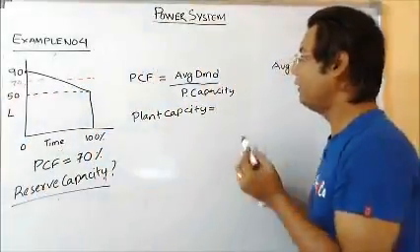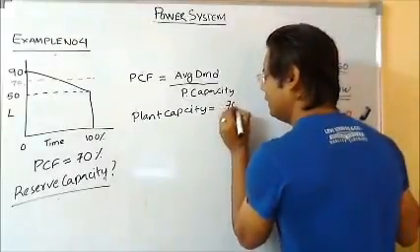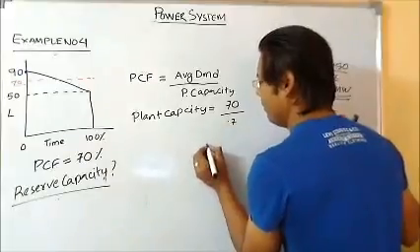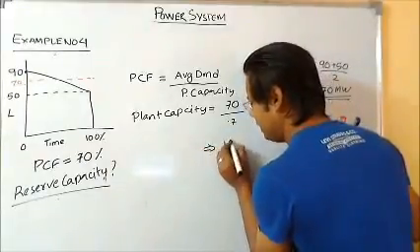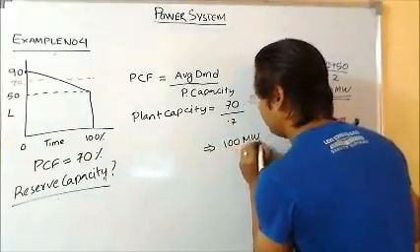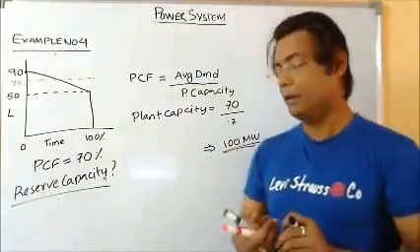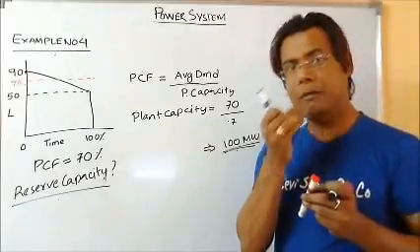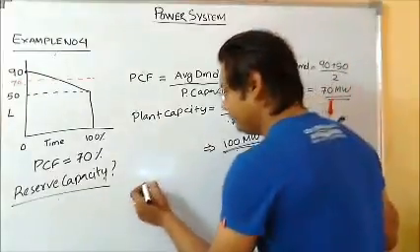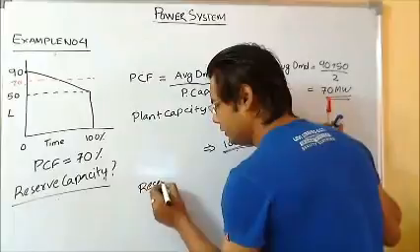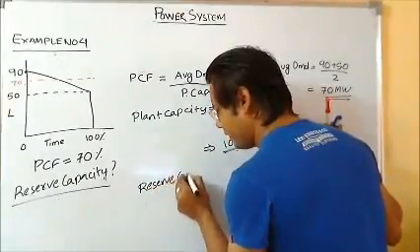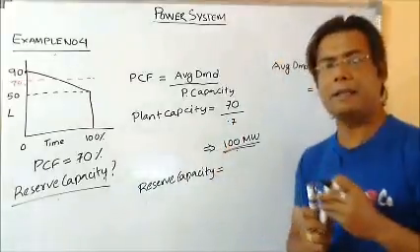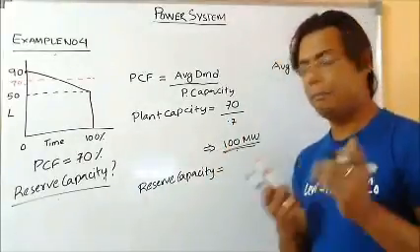So the plant capacity would now be 70 divided by the plant capacity factor 0.7. So we will be getting plant capacity as 100 megawatt. But we need to find the reserve capacity. The formula for reserve capacity is: reserve capacity is equal to plant capacity minus the maximum demand.